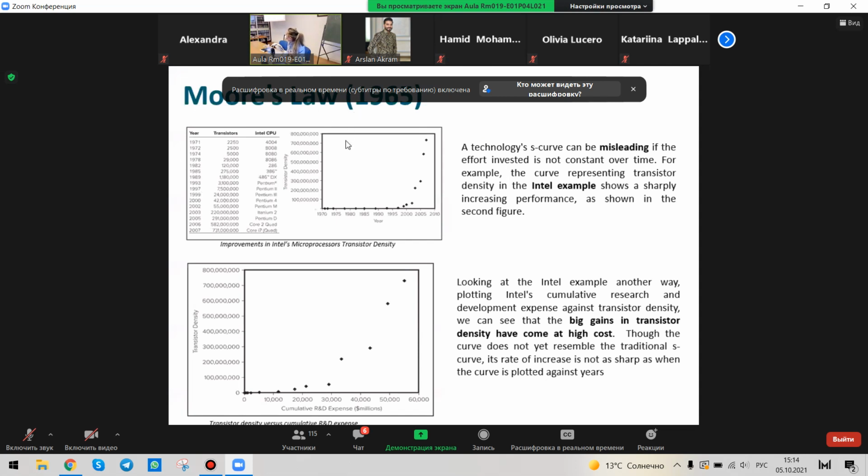This law, actually there are two laws, but they can be defined as one law. So this engineer just noted that within the development of the new processors by Intel, the number of transistors almost doubled each year.